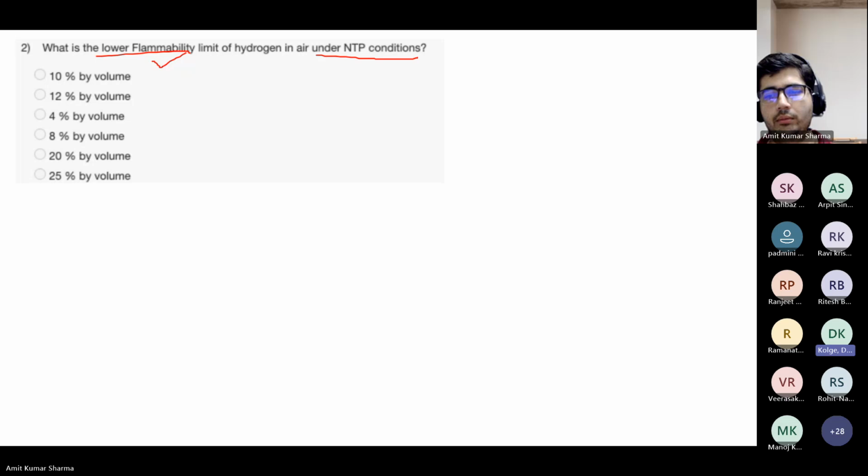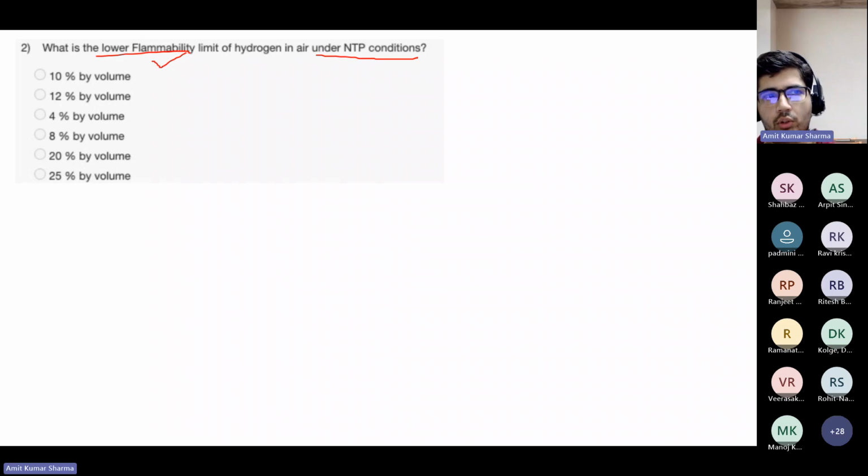Out of the total volume, if 4% or more of hydrogen is present, it can be. I think your voice was not clear at the end. Please repeat. Yeah, out of the total volume of air, if the percentage of hydrogen is 4% or more, it can catch fire. Okay.